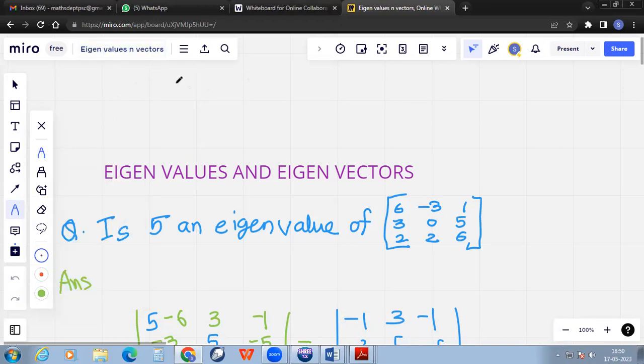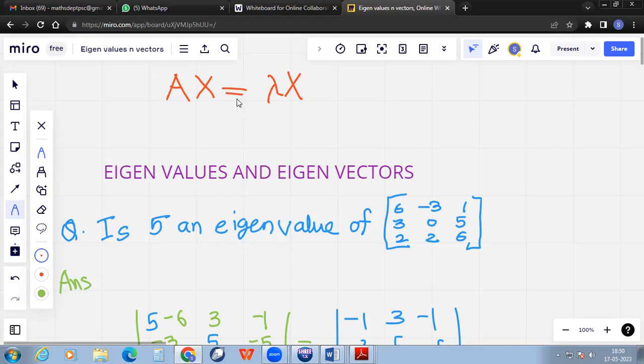If we are having a square matrix capital A of order n by n, and you multiply this A by a column matrix X, and you are multiplying by some scalar lambda to the X, and you get the same result.